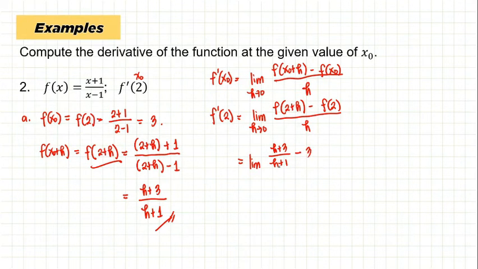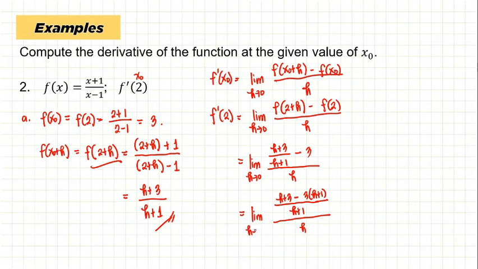So we have minus 3 all over h as h approaches 0. Now simplifying the numerator, we will have the limit of, the LCD is h plus 1. So we will just have h plus 3 minus 3 times h plus 1. Okay? All over h as h approaches 0. Now from that, we will now have f prime of 2 is equal to the limit of h plus 3 minus 3 times h plus 1.